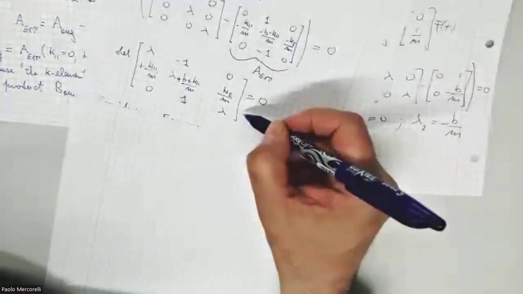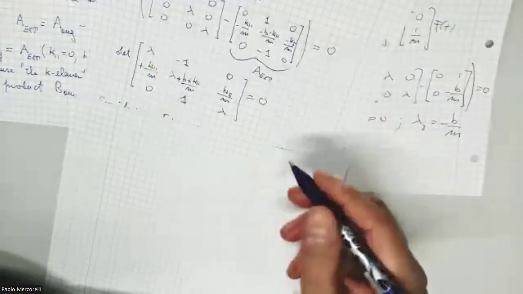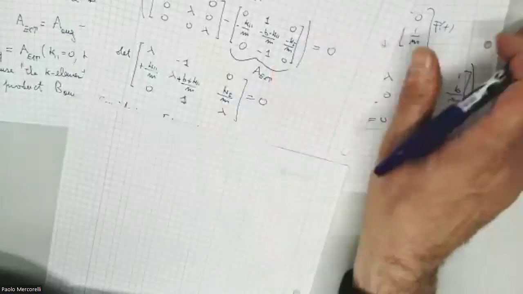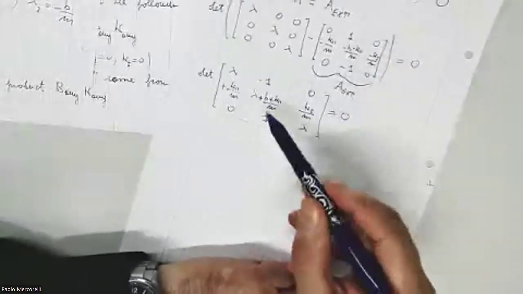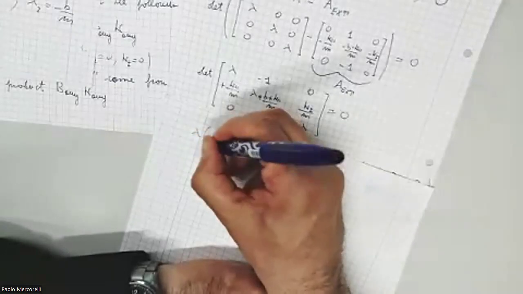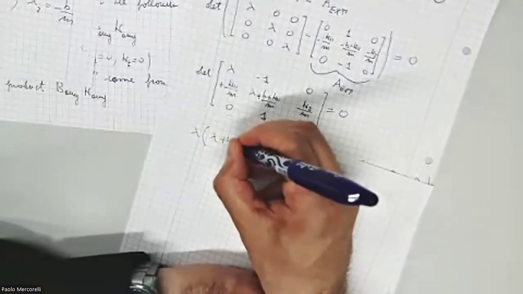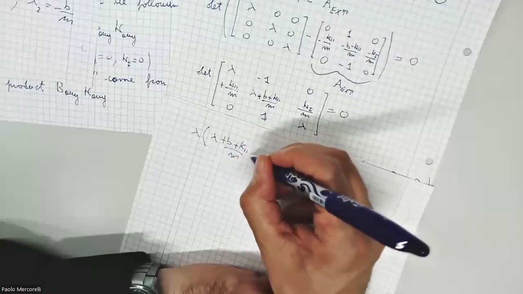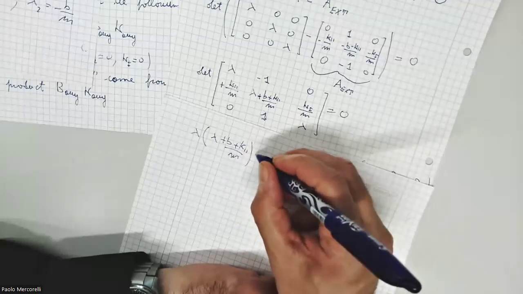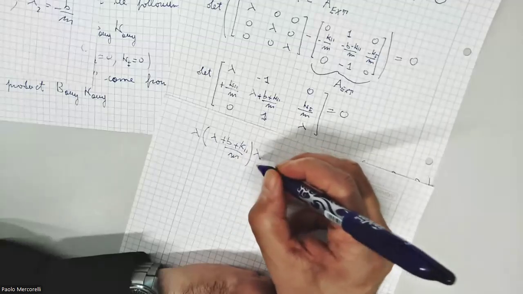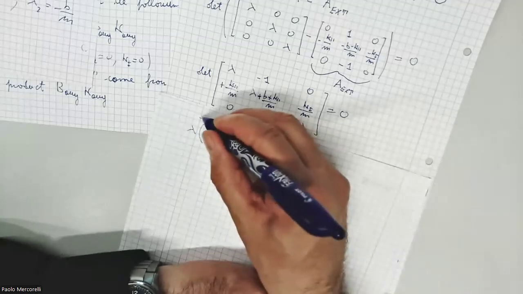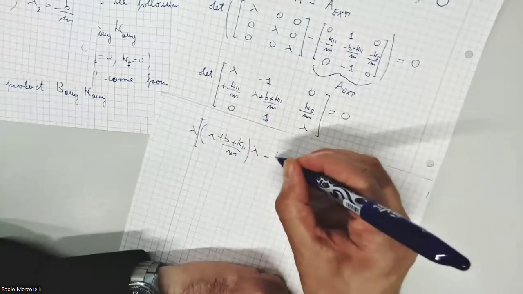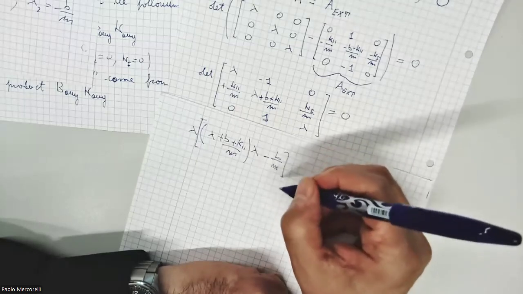Determinant of this, in which lambda 1, lambda 2, lambda 3 is given. What is the determinant of this? Remember that you take this, which multiplies this, minus this multiplied by this. Which multiplies lambda, minus this multiplied by this.